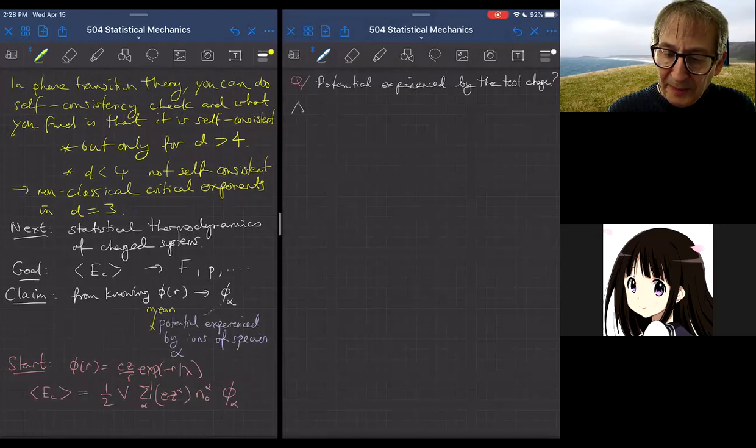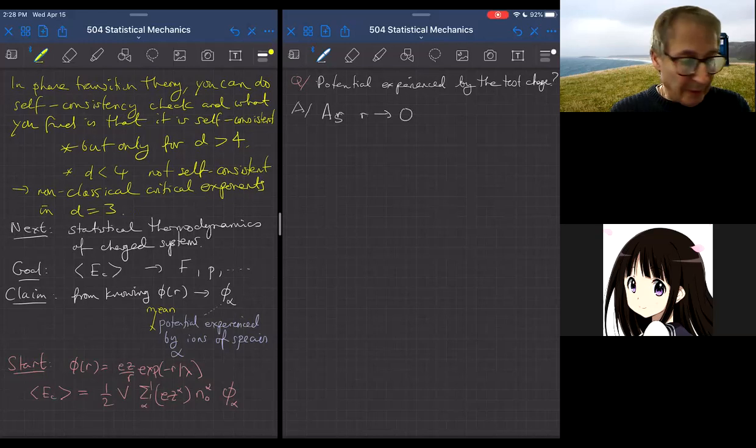That's the question. So let's figure out how to answer it. Well, the test charge is the charge that you have at r equals 0. It's at the origin in these coordinates. So let's have a look at what happens as we take the limit r goes to 0.